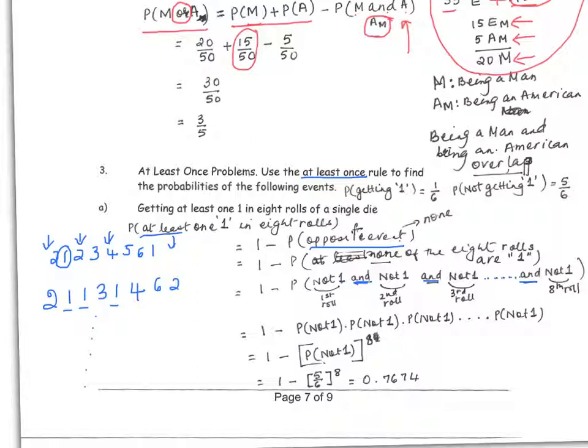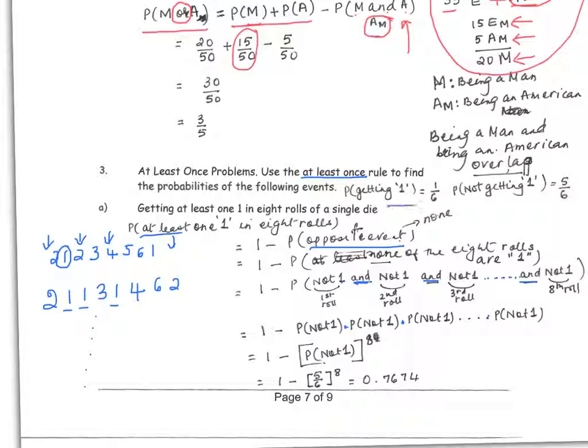So the AND rule goes with multiplication, and since these events are independent, we simply multiply the probabilities of those events. So 1 minus the probability of not 1 times the probability of not 1 times the probability of not 1. Each time it is multiplication. What is the probability of not getting a 1?